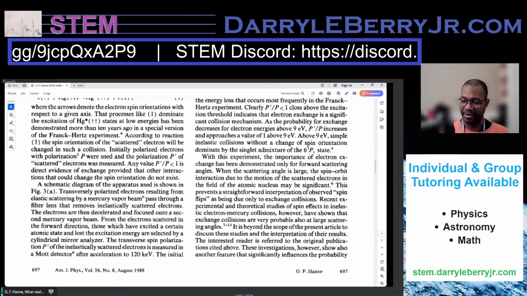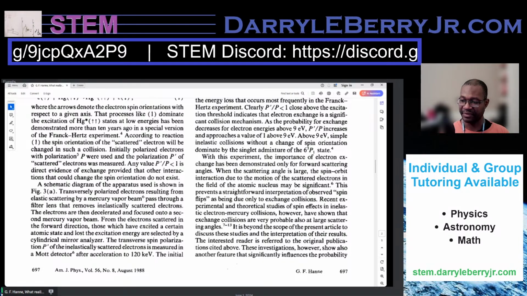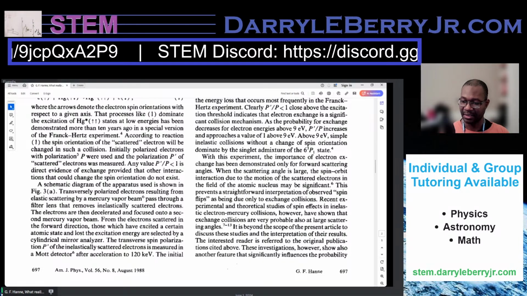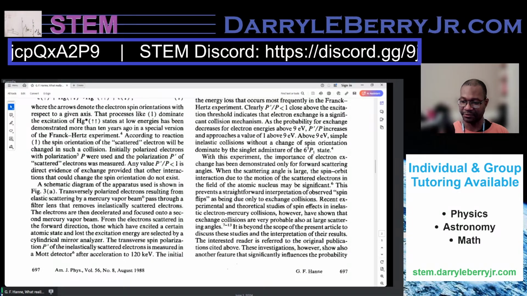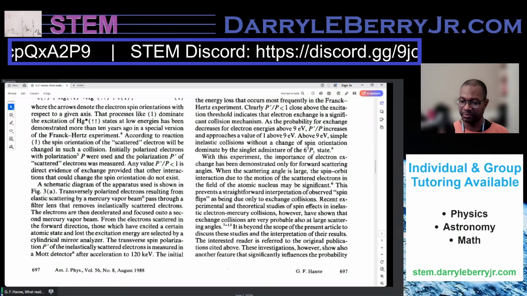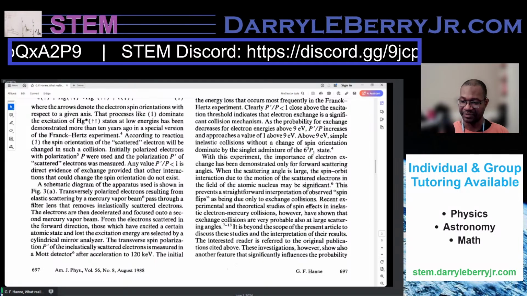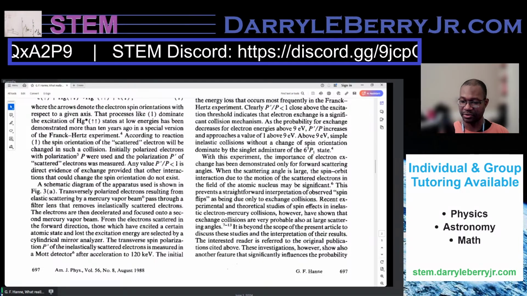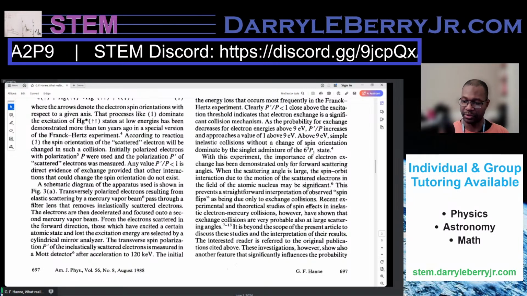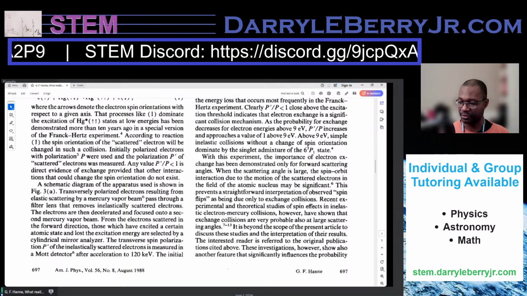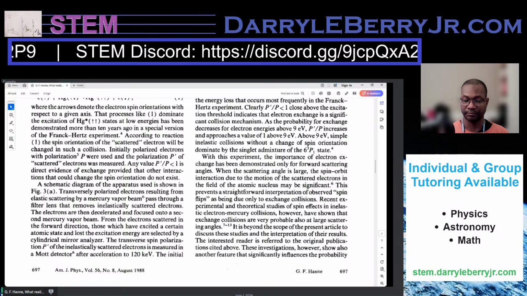From the electrons scattered in the forward direction, those which have excited a certain atomic state and lost the excitation energy are selected by a cylindrical mirror analyzer. The transverse spin polarization P prime of the inelastically scattered electrons is measured in a Mott detector, after acceleration to 120 kiloelectron volts. So I'm going to look up a Mott detector.